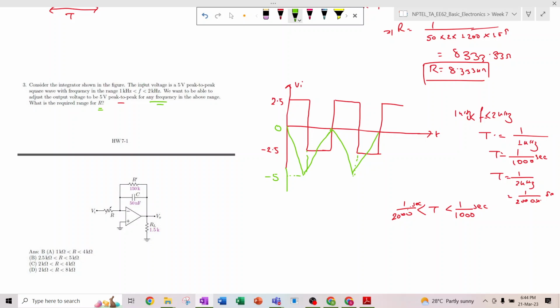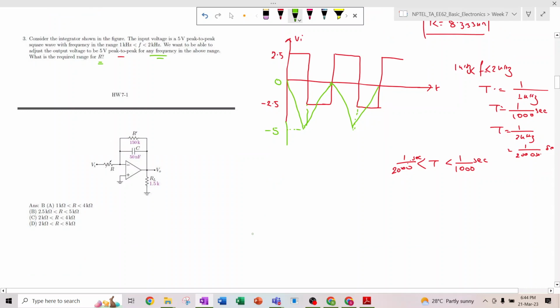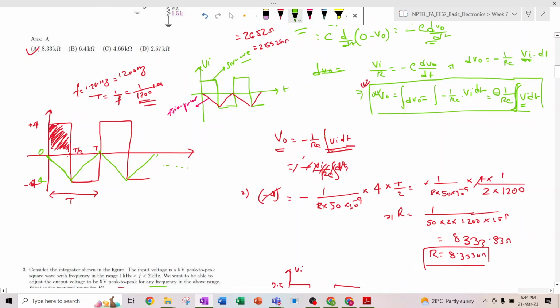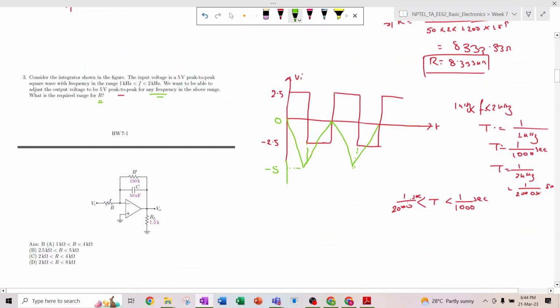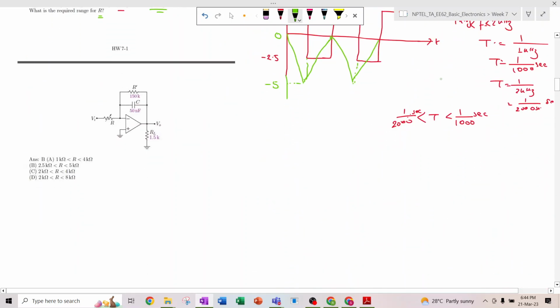Now how will we solve this problem? We already know from the earlier case that v0 is minus 1 divided by RC times the integration of vi dt.